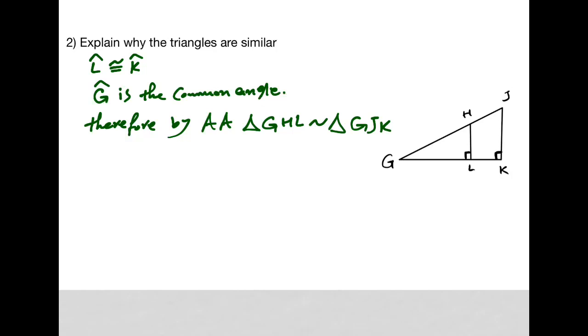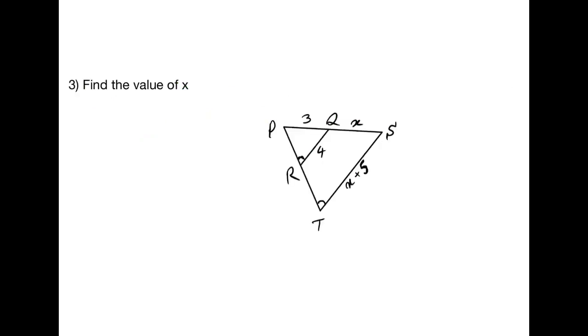Okay, next question. Question number 3, find the value of x in this figure over here. So we're going to find the value of x, which appears here, and one more time it appears here. Again, as you pay attention here, you see two triangles.